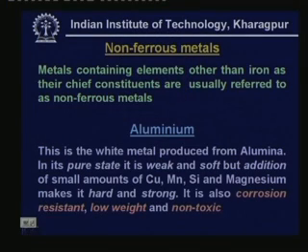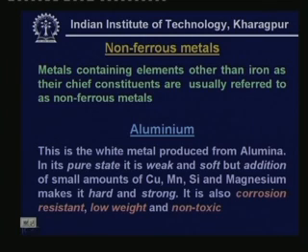Now, out of the non-ferrous metals, another one, just like steel, that we see in our everyday life is aluminium. So, what is aluminium? Aluminium is a white metal produced from alumina.